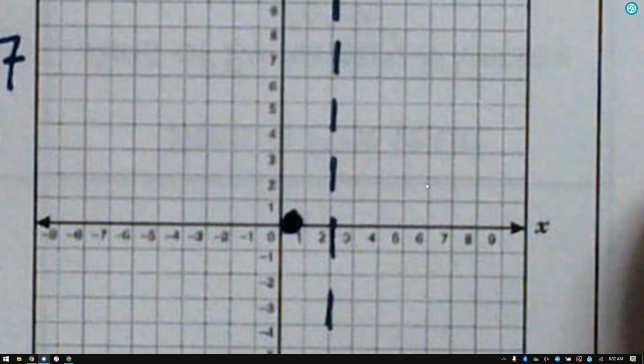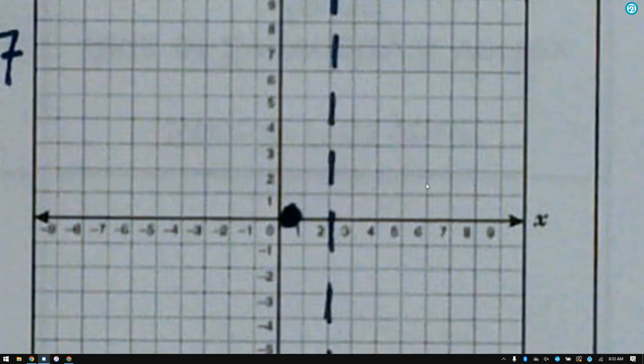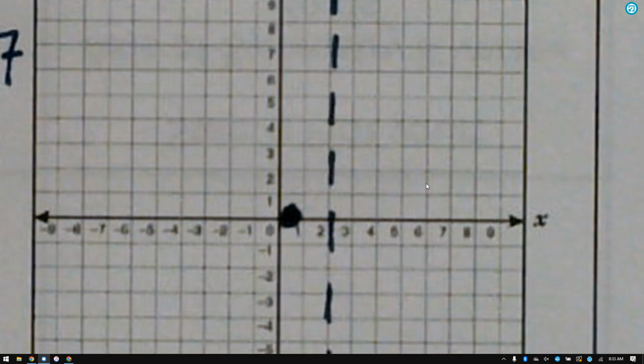Obviously, these graphs aren't going to be perfect. Just do your best. As long as they're between the correct two numbers, you'll be fine. Then 7/2, if you put 7 divided by 2 in a calculator, you're going to get 3.5. So if you want to put it into a calculator to get a decimal, you can. 3.5, so we need to go past 3 before 4.